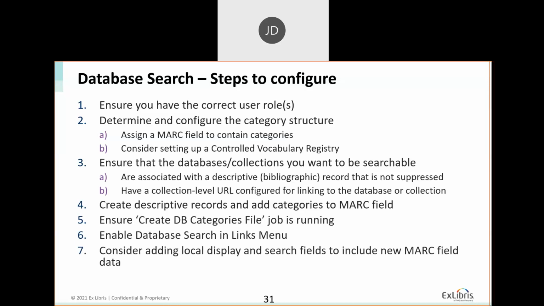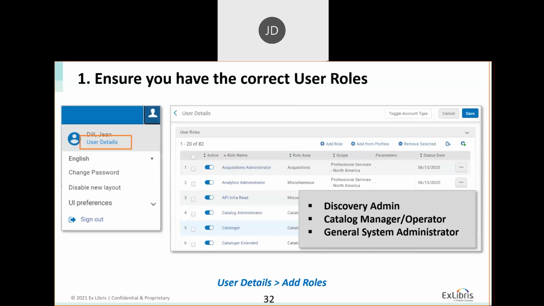You might consider adding local display and search fields to include the new MARC field data. So again, this one's a little more involved. For this one, you need the discovery admin role plus either the catalog manager or catalog operator, and also the general system administrator.